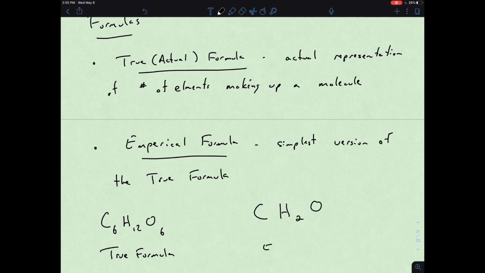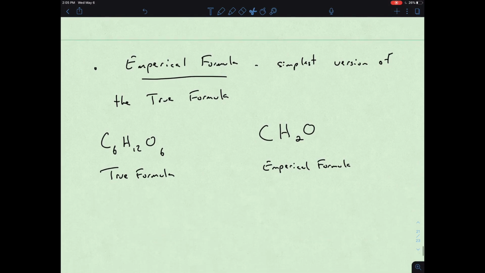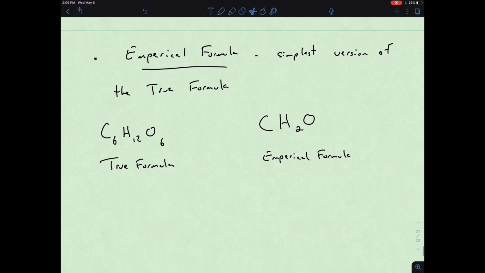And then this would be the empirical, right, where we've reduced all the values by 2. We've got now the simplest version of that formula. So that's the deal with the true and the empirical. As far as the definitions, we've actually already covered that.